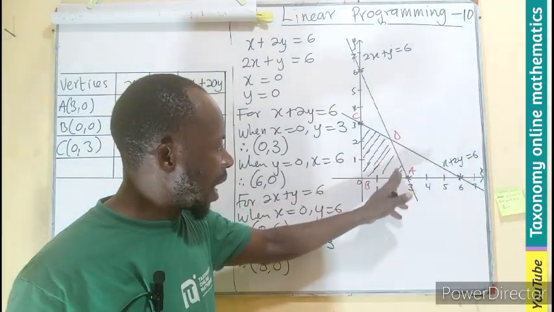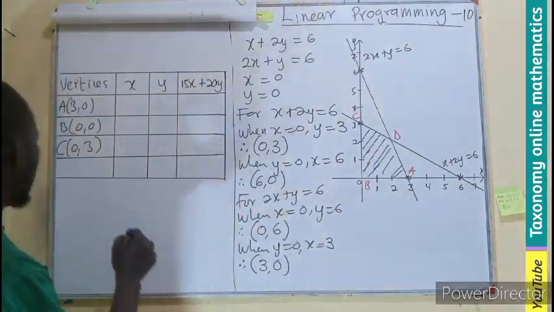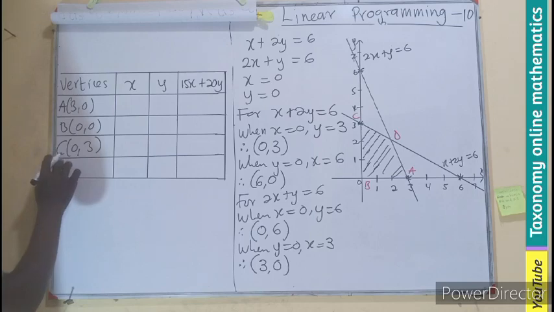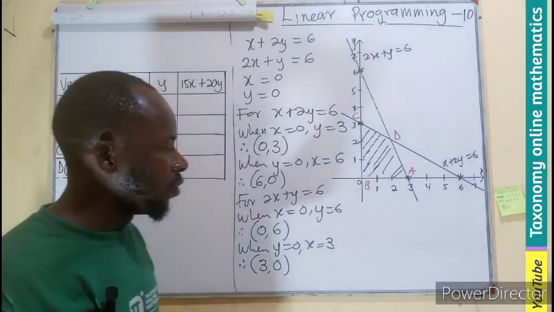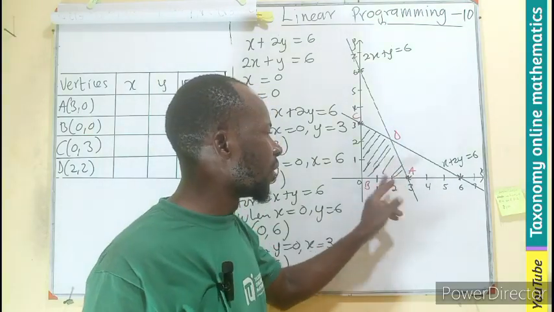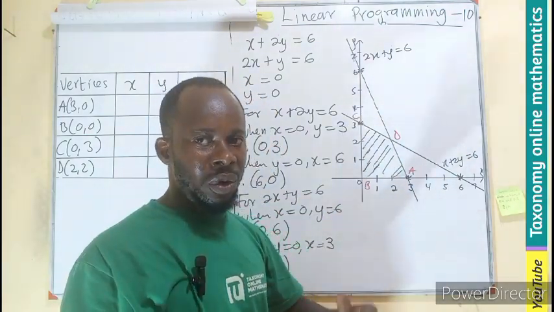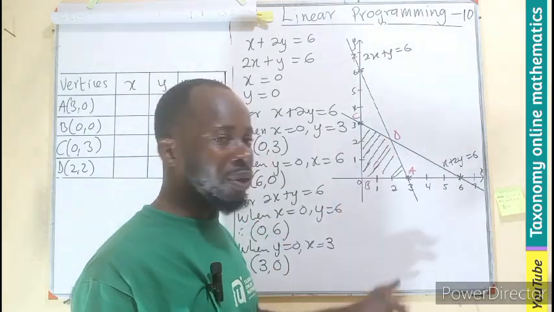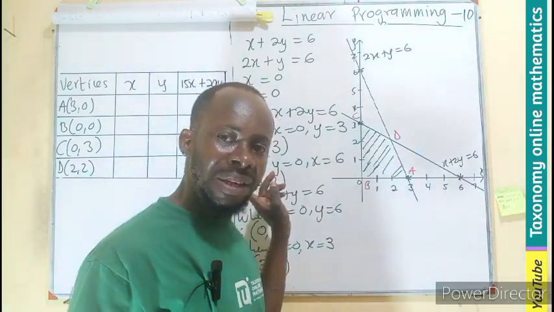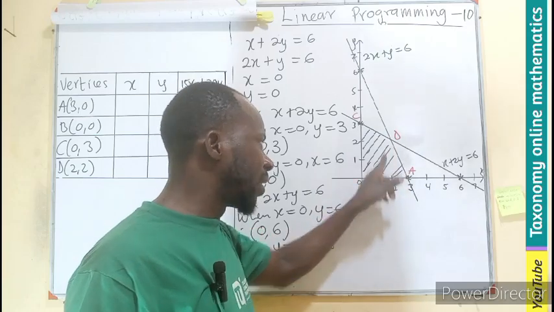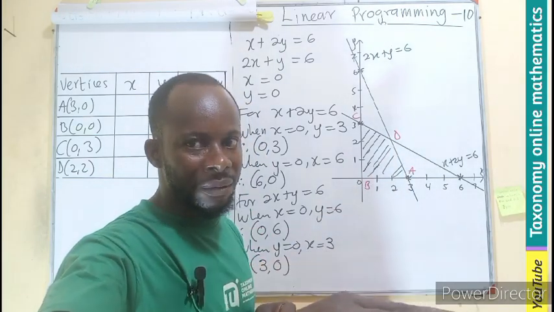Then this, we can have 2, 2. If you don't know where to easily identify the point, you can solve these two lines simultaneously. So the solution becomes the point of intersection. It will be the same as the one if you use the correct scale to draw the graph.